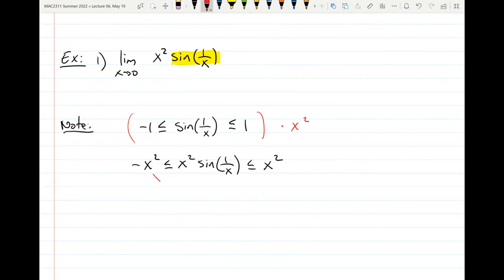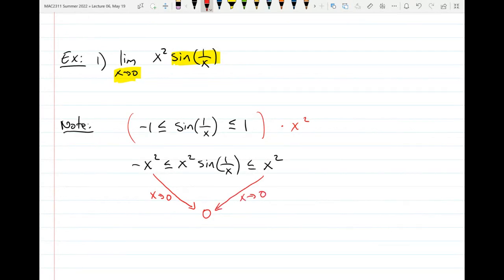For the smaller outside function, what's the limit as x approaches 0? Why 0? Because that's the one we're analyzing. The limit of negative x squared as x approaches 0 is 0. How about the big outside function, x squared? Well, that is also 0.